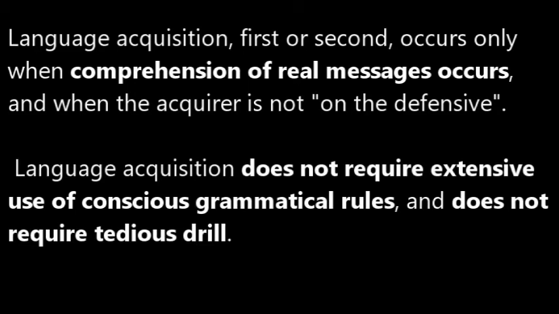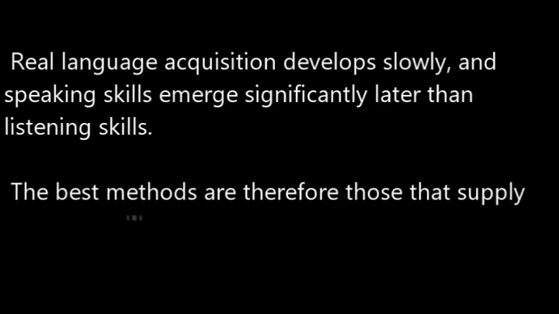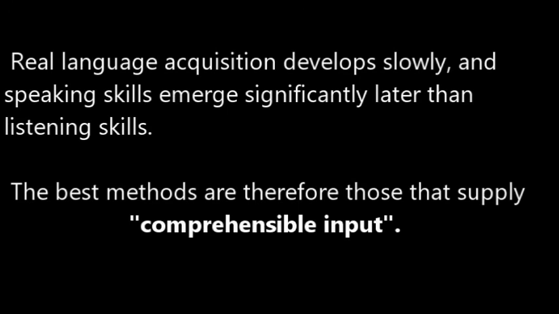To use Stevick's apt phrase, language acquisition does not require extensive use of conscious grammatical rules and does not require tedious drill. It does not occur overnight. Real language acquisition develops slowly, and speaking skills emerge significantly later than listening skills.